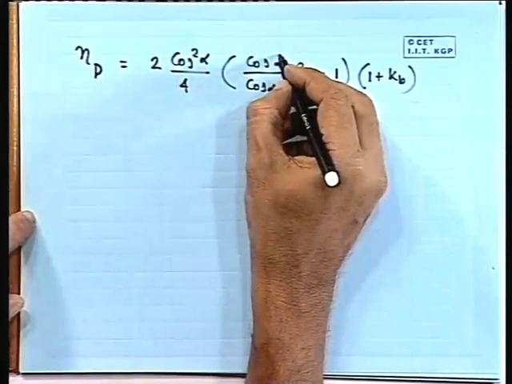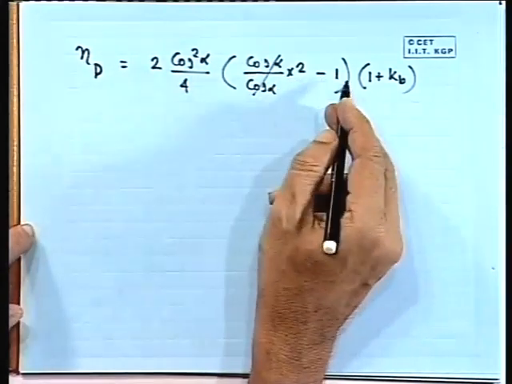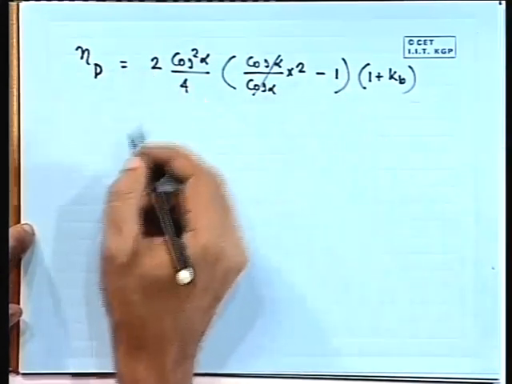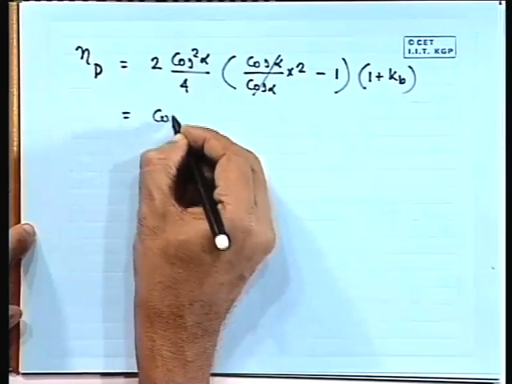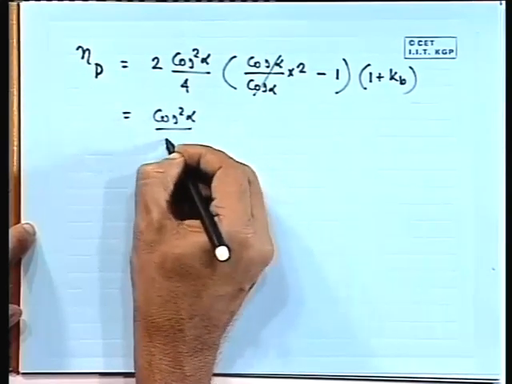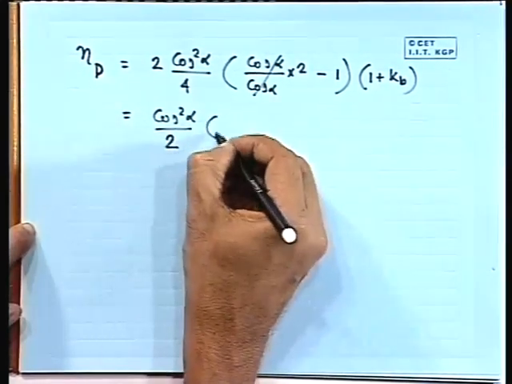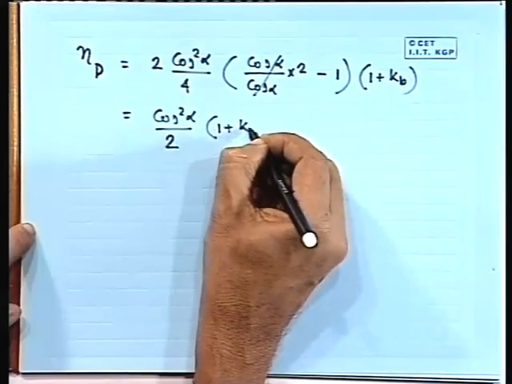So, cos alpha will cancel, 2 minus 1 is 1, and here it is cos square alpha by 2, 1 plus Kb.